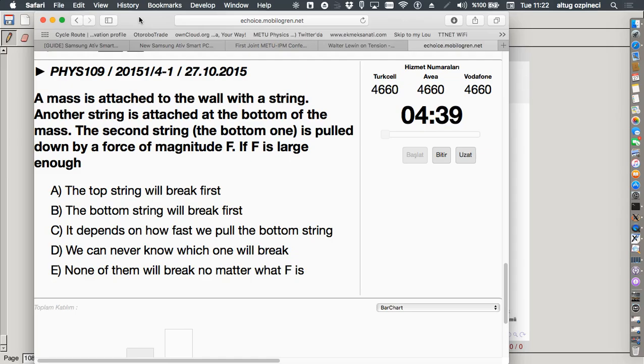There is another string at the bottom, and you pull the bottom string downward. Which one will break first? And we will assume that both strings are identical.